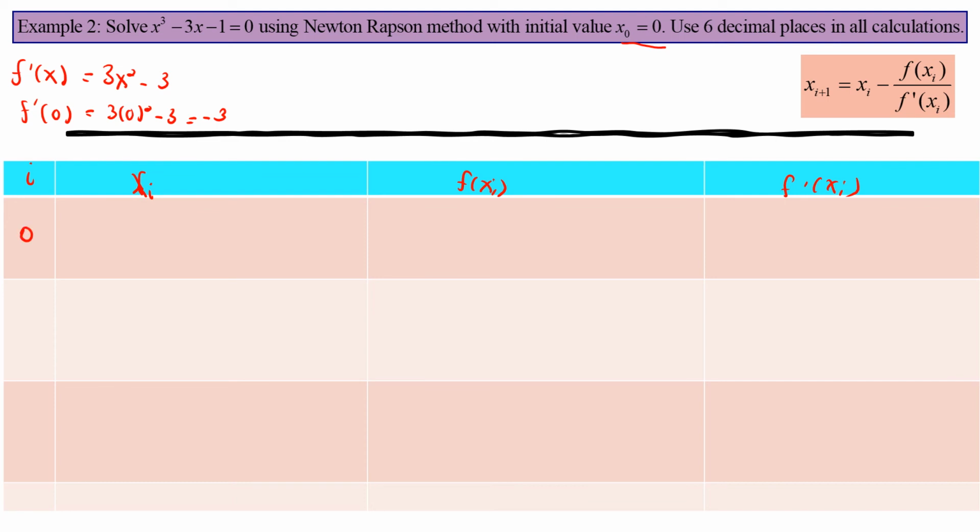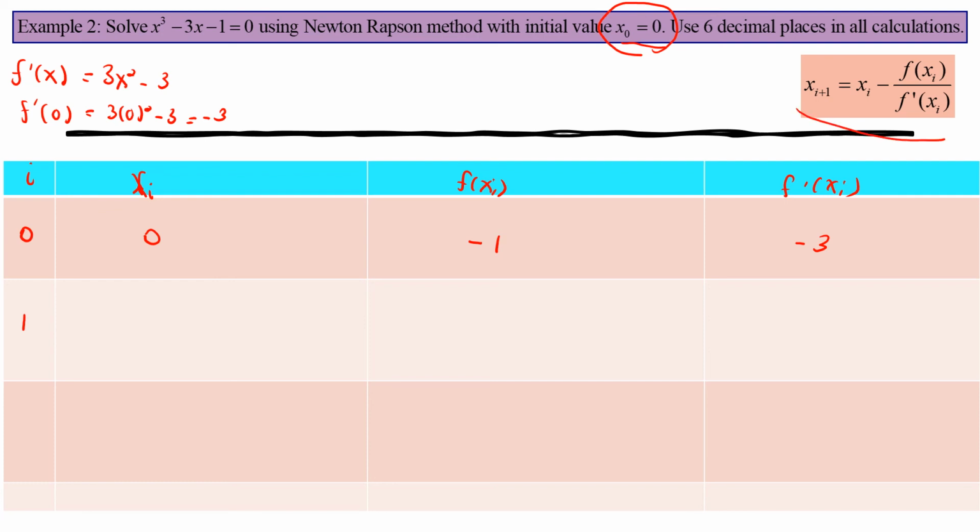So let's start with iteration 0. x_i here is x0, which is equal to 0. Substitute 0 in f(x), you will get negative 1. Then substitute x0 into f prime of x0, you will get negative 3. Next, find iteration number 1. The x1 here you can find by using the Newton-Raphson method.